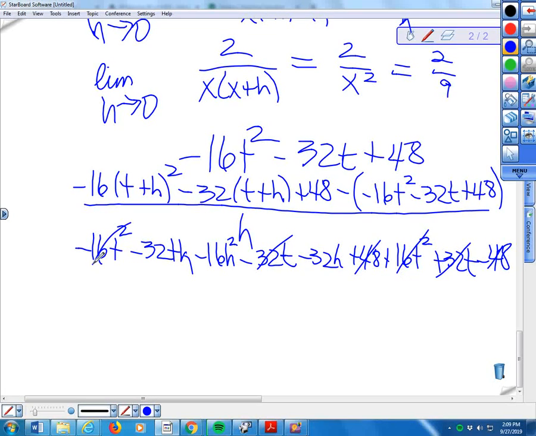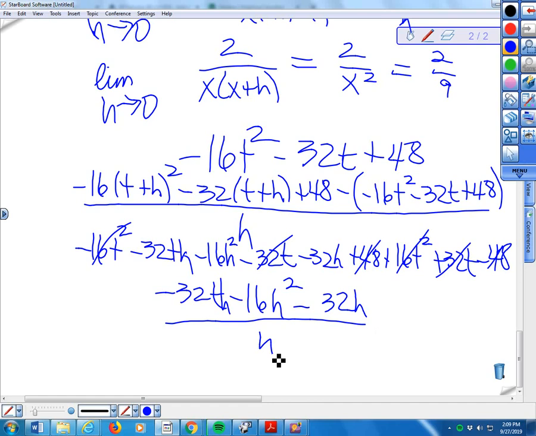All I have left are things with h's in them. This is an h, minus 32h all over h. So that cancels with this, and I'm left with one of these. So this ends up being -32t minus 32 when I take it to 0. Okay, so that's the derivative.